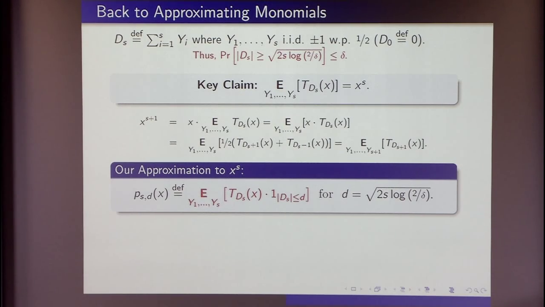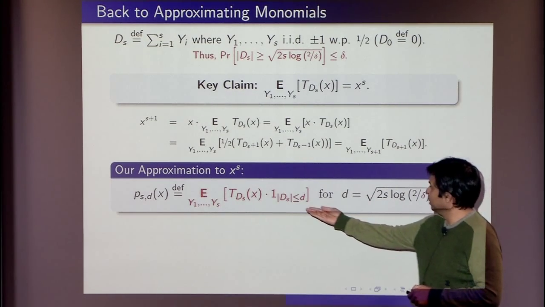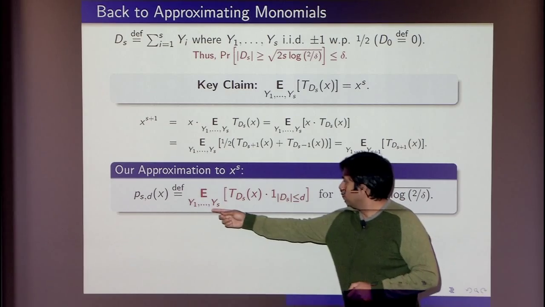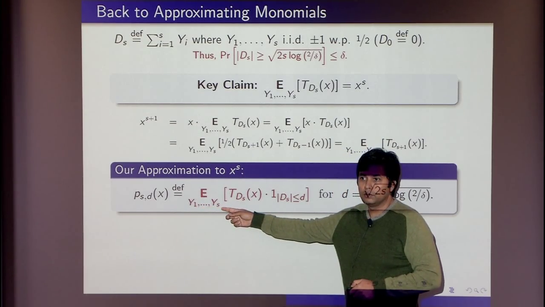So here is an approximation to x to the s, which now is rather natural. Just define the polynomial to be the following polynomial. So what does this quantity say? That you again do an s-step random walk.